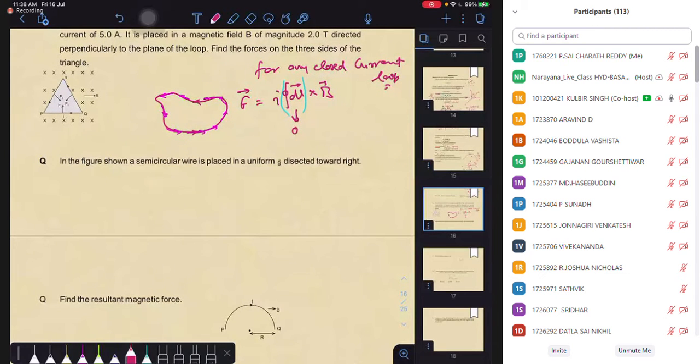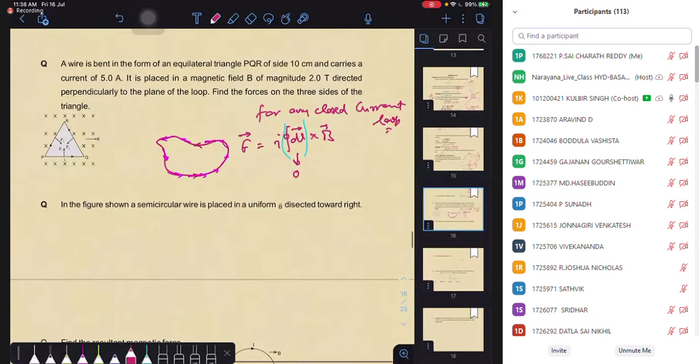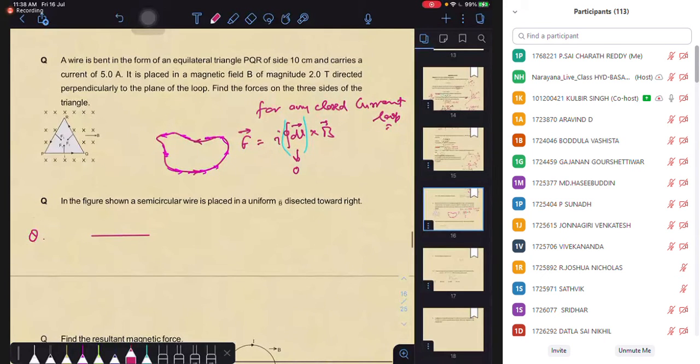Okay, one more question I can give you here, a twisted one. This part we have already covered. So imagine we have a cube, and current enters at one end of the cube and leaves at the other end.